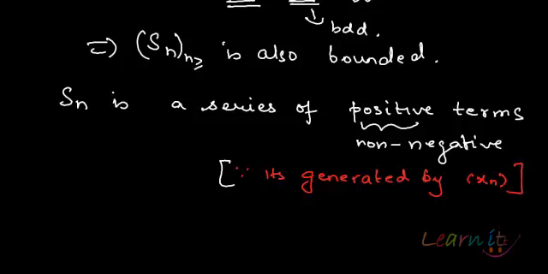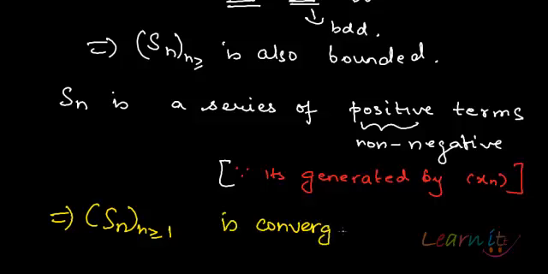That would imply that Sn is also convergent. So Sn is basically a series of positive terms or non-negative terms which is bounded. So that means it will be convergent.